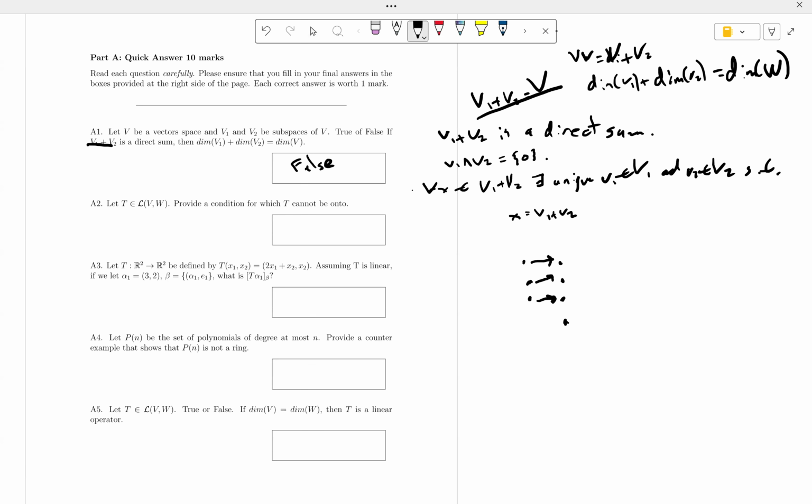You might also look at this as surjective, not surjective. I need more dots in W than I have in V, or the dimension of W is greater than the dimension of V. Now, there are many other conditions. You can look at rows, or at them being equal and not one-to-one.